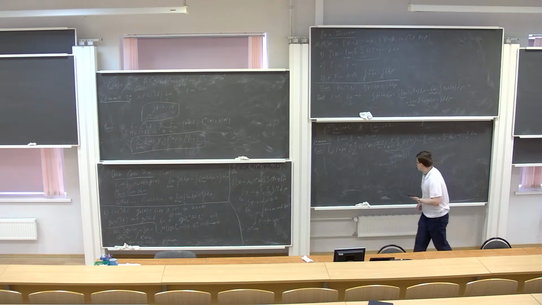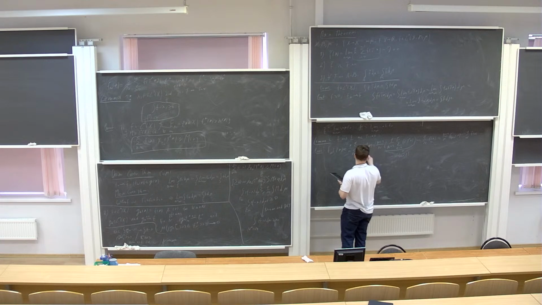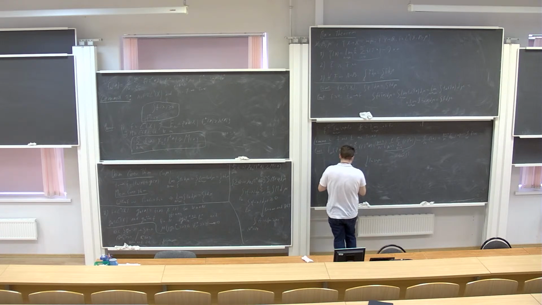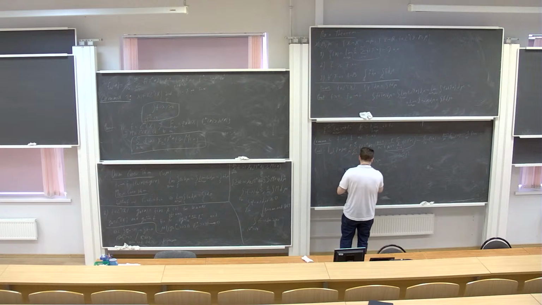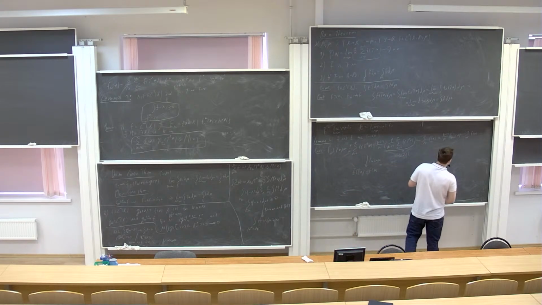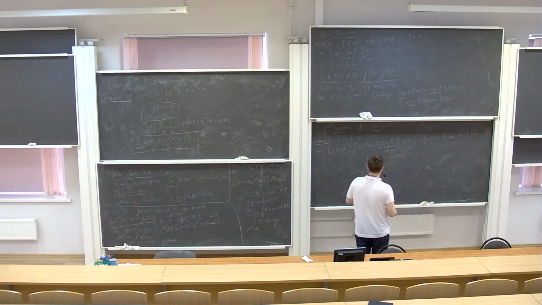So what we're going to do now is take the limit supremum of both sides and get the fact that f upper hat of T of x equals f upper hat of x. And that's it.